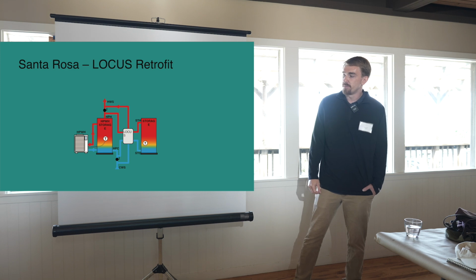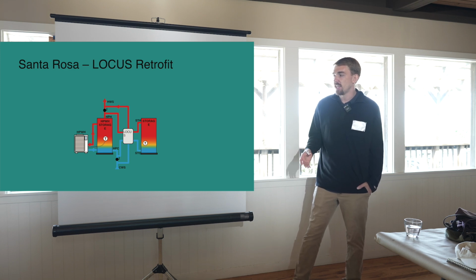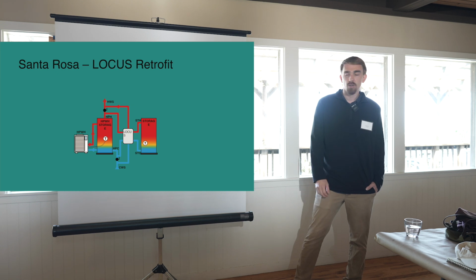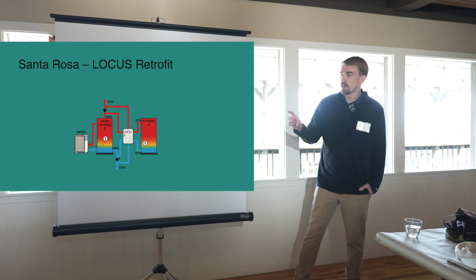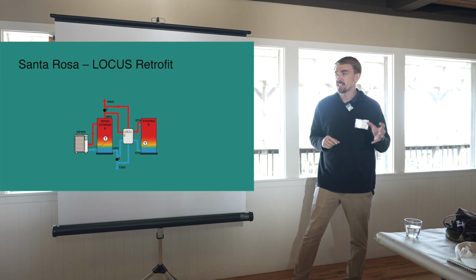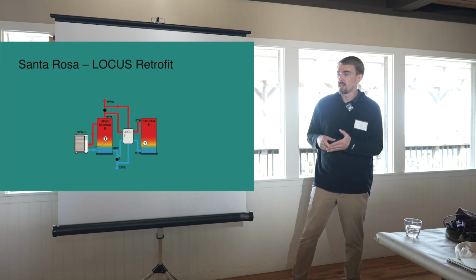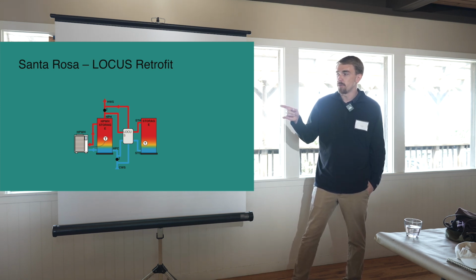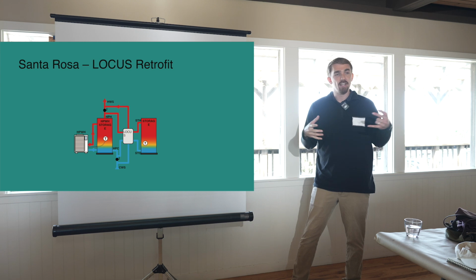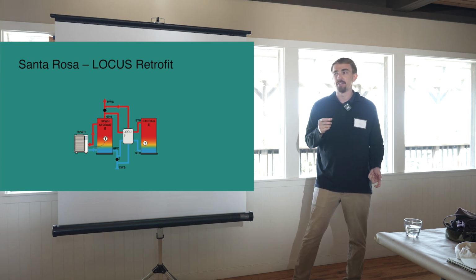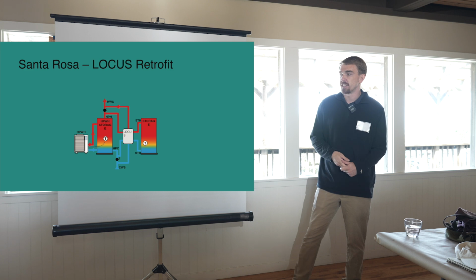Because this is a new product and it's in the research phase, we're going to be able to isolate it, not completely disconnect the heat pump system from the building and connect directly to the controller, but we're going to put in ball valves in a way that we can simulate a completely dedicated connection, but still open those ball valves back up if the controller stops working for any reason.